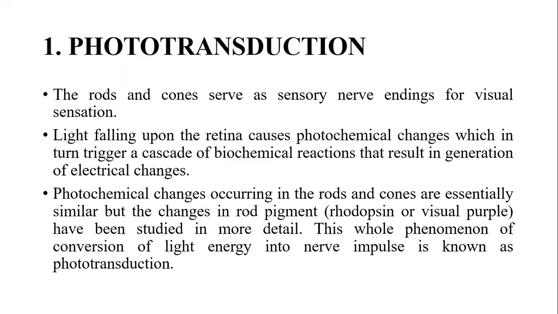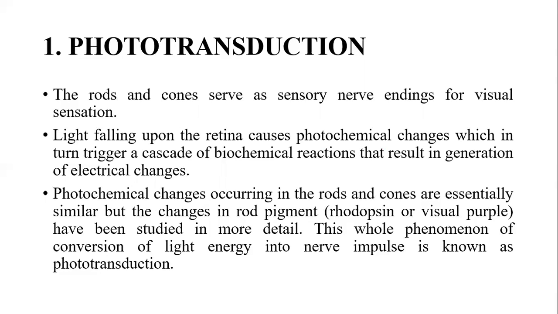Light falling on the retina causes photochemical changes which trigger a cascade of biochemical reactions that results in the generation of electrical changes. So what is happening over there? Once the light comes to the retina, the layer of rods receives it, and a change happens there.